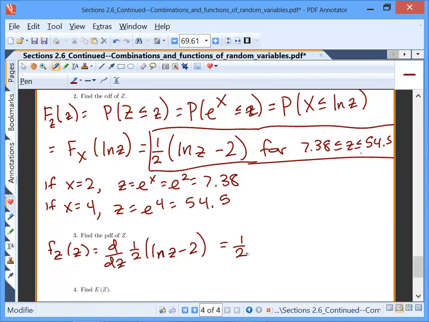Is that right? Oh, no, it's not right. I need to take the derivative of 0.5 times the natural log of z minus 2. So it gives me 1 over 2z. That sounds better. And what are my bounds? Again, they are for z between 7.38 and 54.5.